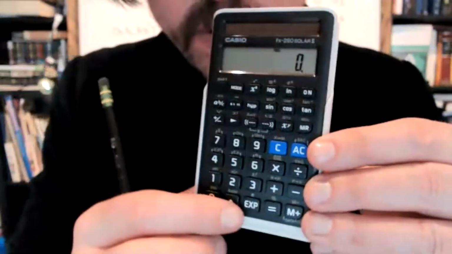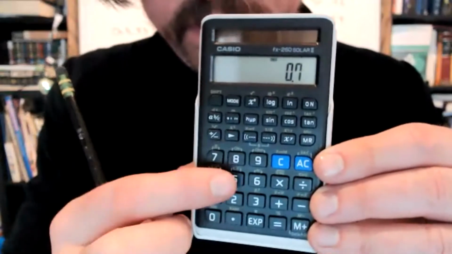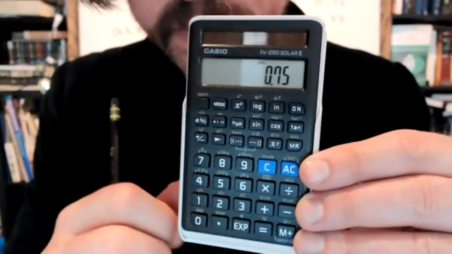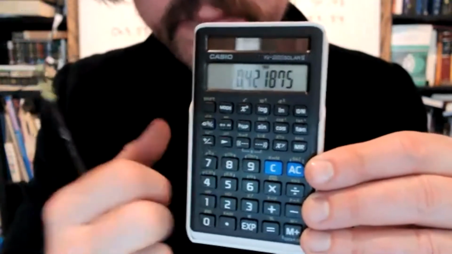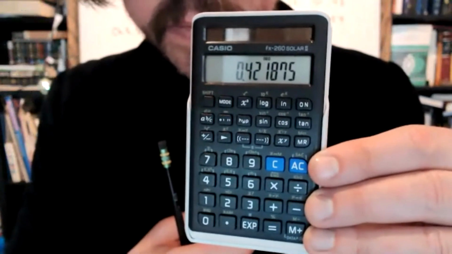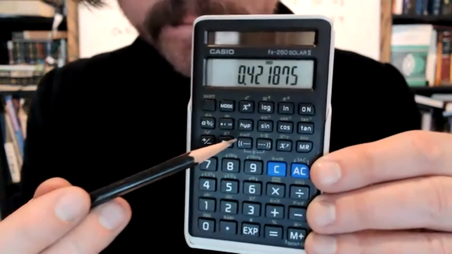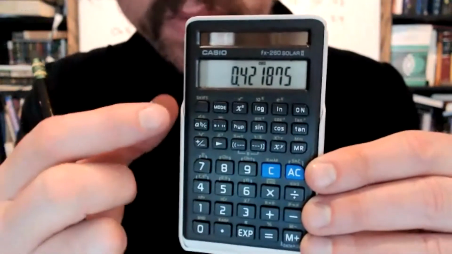So follow along with me now, okay? Clear it out. 0.75, shift x cubed. Now we're going to square root it.